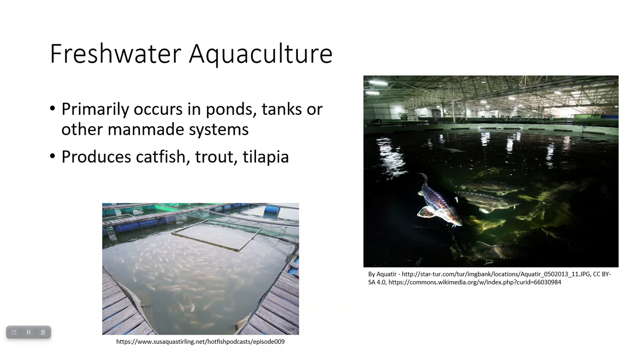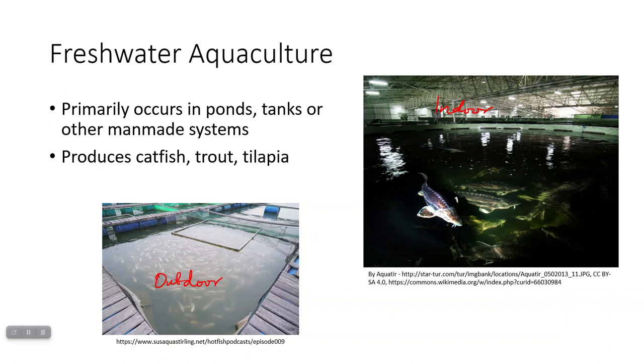So, freshwater aquaculture, a lot of the organisms that we produce by that are things like catfish or trout or tilapia. Here we have indoor, where you have a tank or a pool where you're growing fish. And here we have an outdoor pool where fish are being raised. So it's primarily ponds or tanks or other man-made systems.